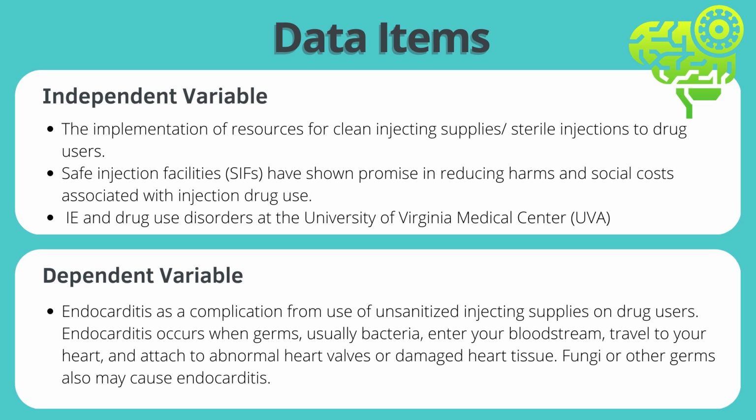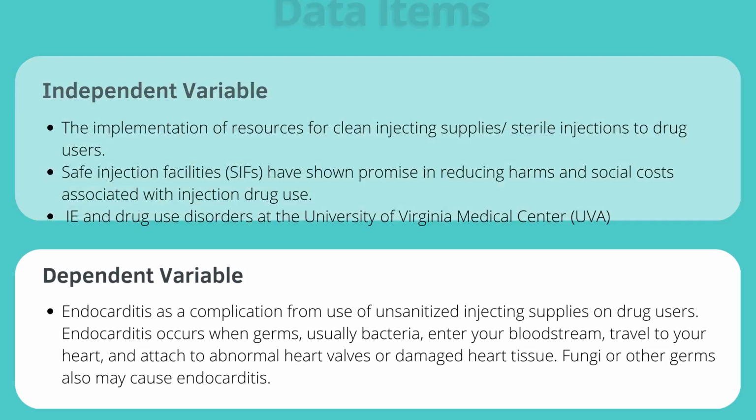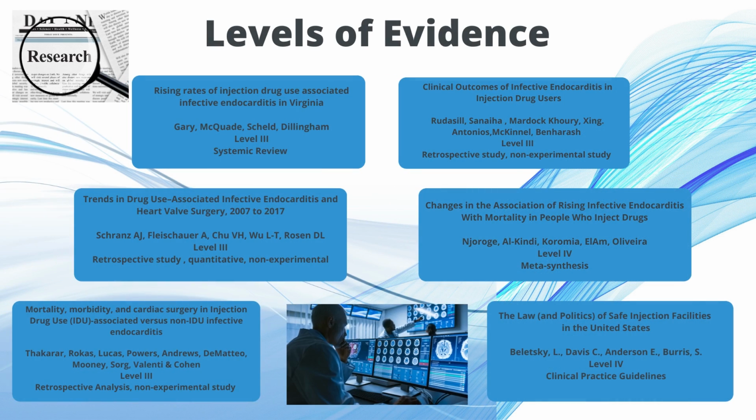We used the National Readmission Database for a lot of the information we obtained on the endocarditis side and the dependent variable. Our levels of evidence range from 3 to 4, with studies such as systematic reviews, retrospective studies, non-experimental studies, metasynthesis, quantitative studies, and also a clinical practice guideline.